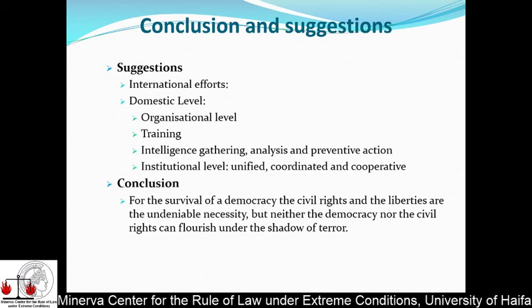The second area which requires reform is training. Although in the armed forces nowadays there is a special module on respect for human rights, when it comes to the training of the state police forces or the paramilitary forces, it is still lacking.